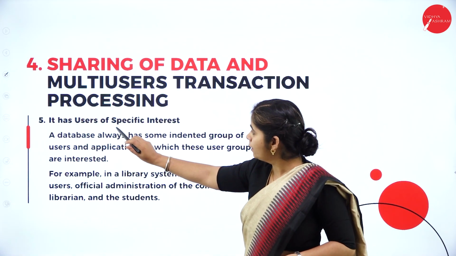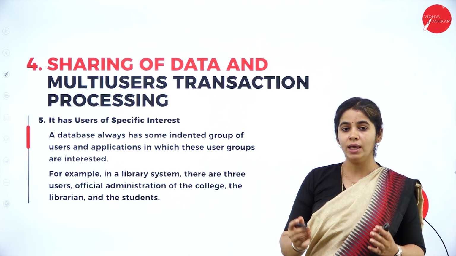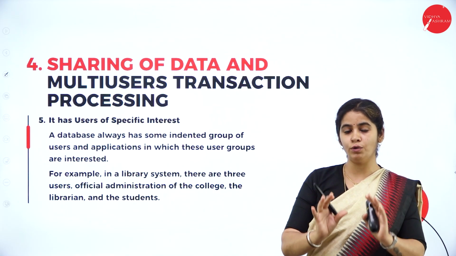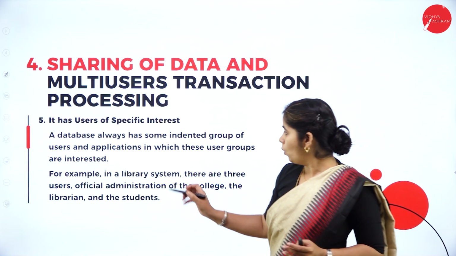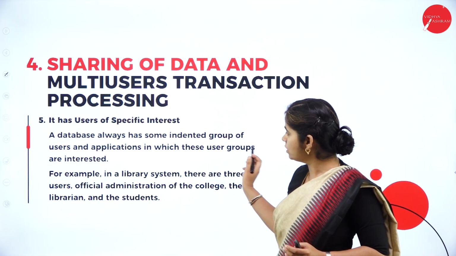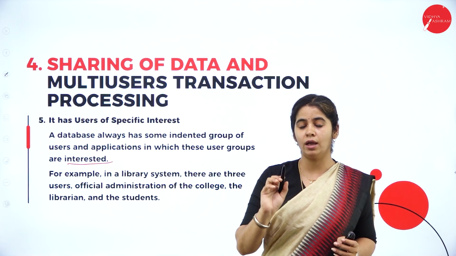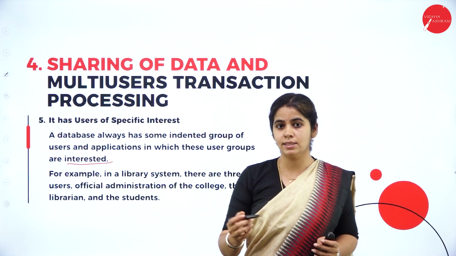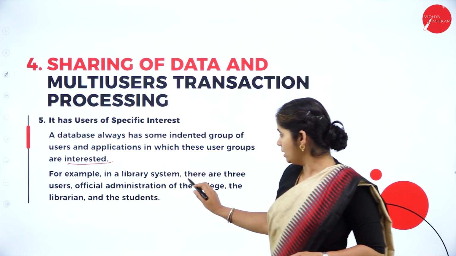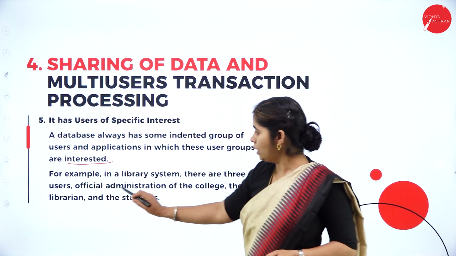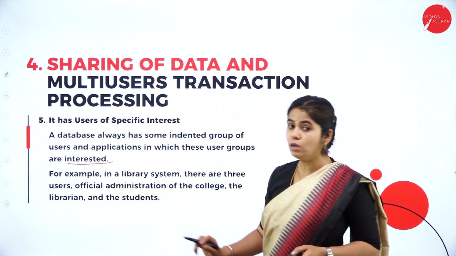Next, it has users of specific interest. Only the users who are interested in fetching data from the database, they can use it, or an application in which these user groups are interested. Only the interested user group can access the data. For example, in the library system, there are three users: the official administration of the college, the librarian, and the students.